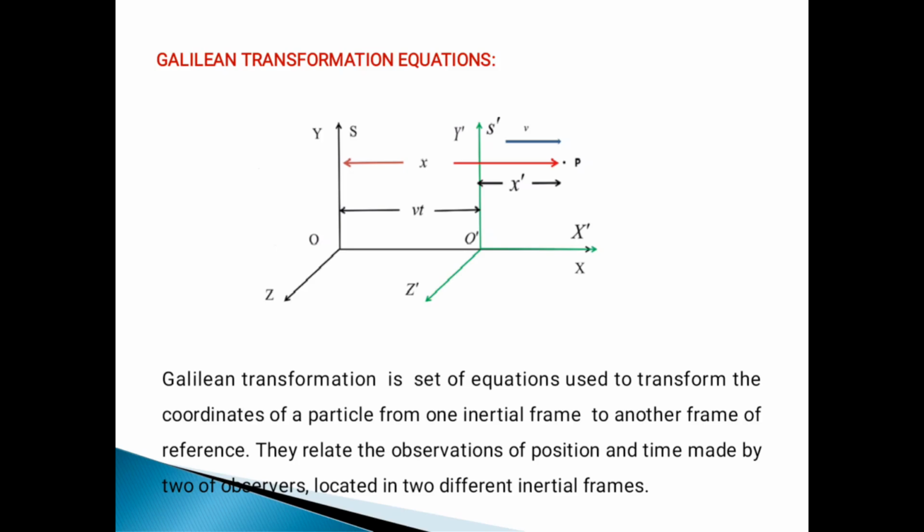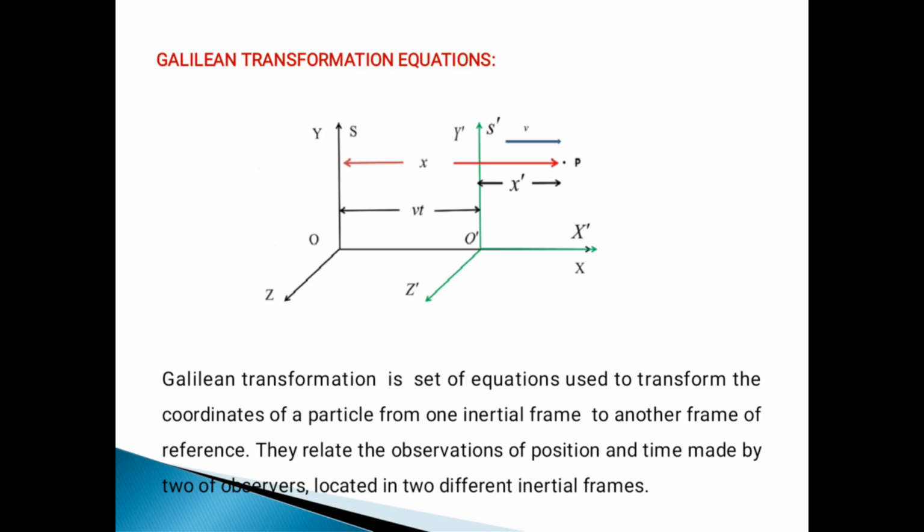Let S and S prime be two inertial frames. Let S be at rest and S prime moving with uniform velocity v along the positive x direction. We assume that the velocity of the system is far less than the velocity of light.